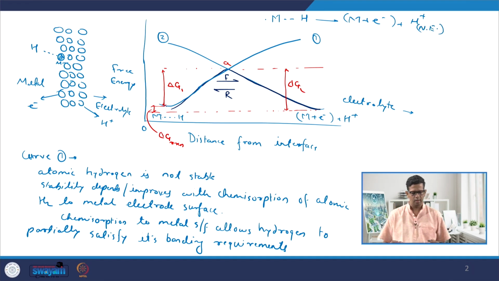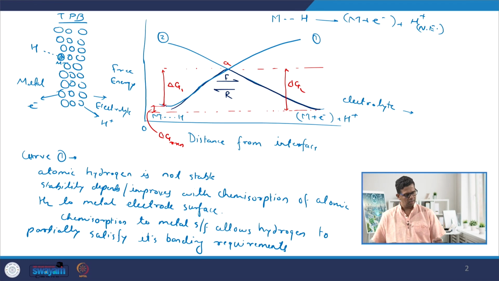This is the reaction that we were discussing, and we saw that at the triple phase boundary, where the catalyst layer is present at the interface of the electrode as well as the electrolyte, as and when the hydrogen gets chemisorbed and comes closer to the metal nanoparticle, it is very stable with respect to the metal interface.